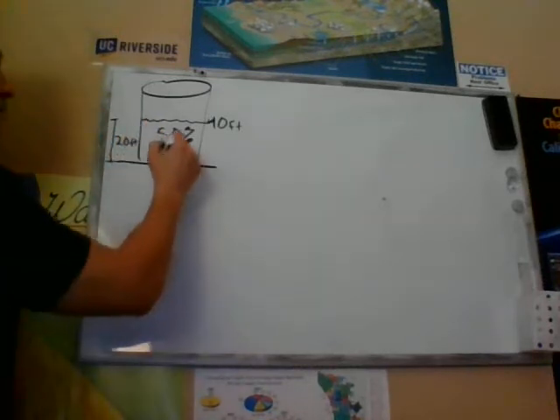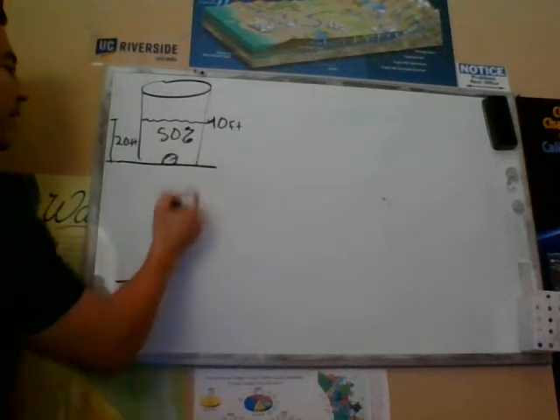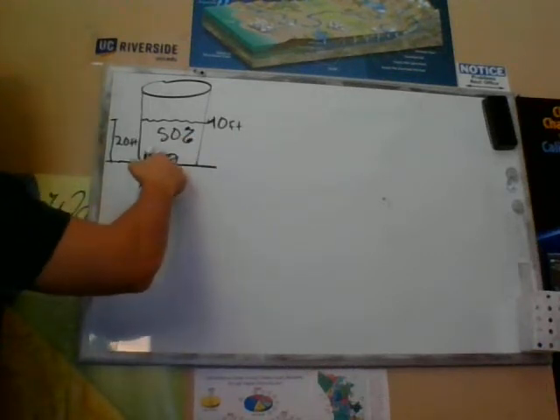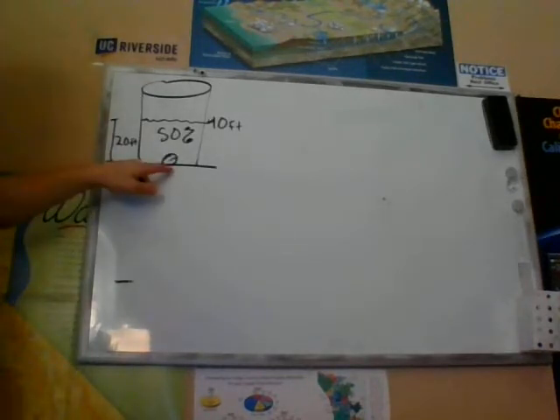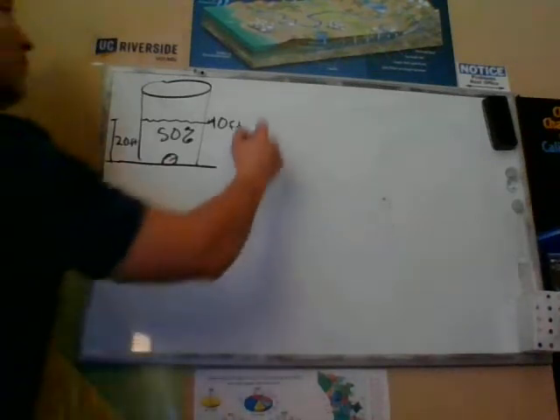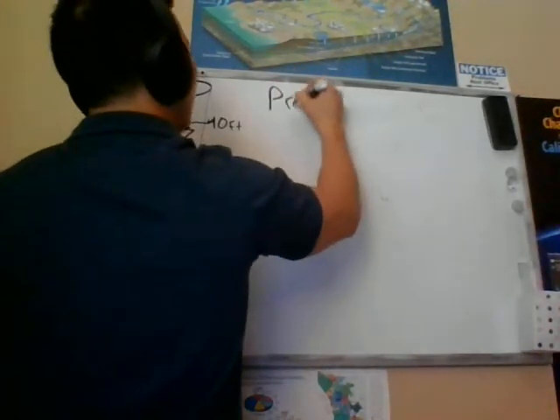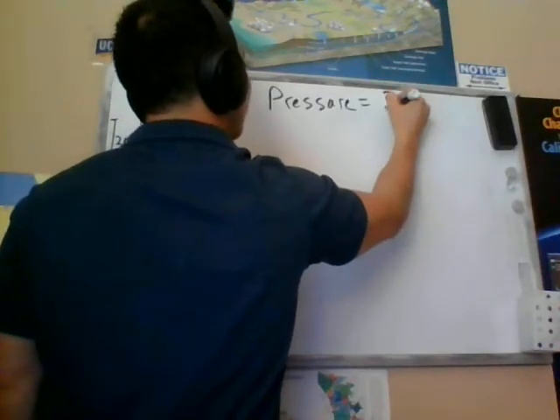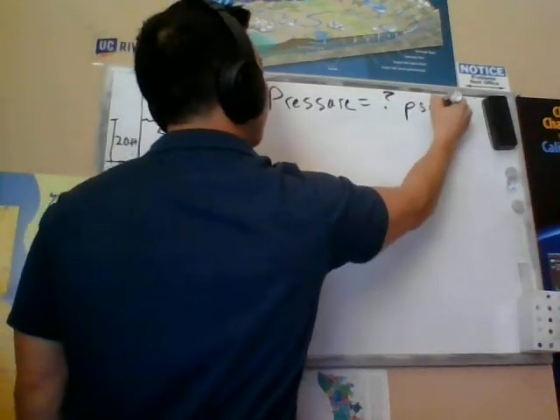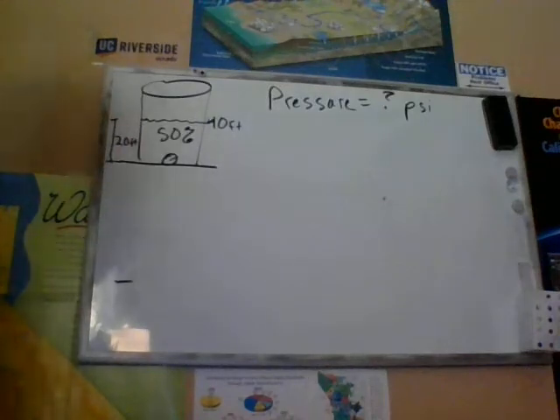Let's say I have a pressure gauge down here at the bottom that reads the pressure based on how much water is above it. So in this particular case, there's 20 feet of water standing above that. In this problem, I want to figure out what the pressure is at the bottom of this reservoir, in PSI.